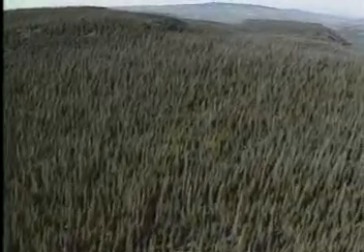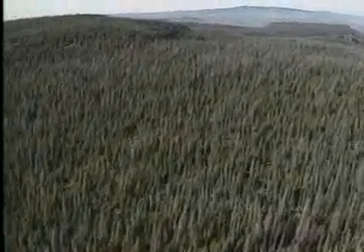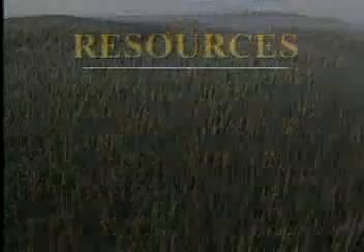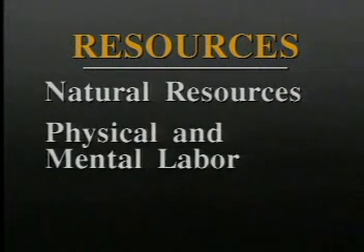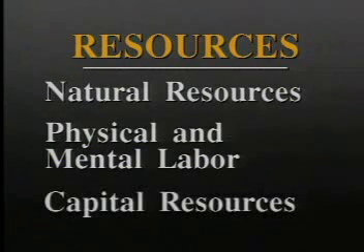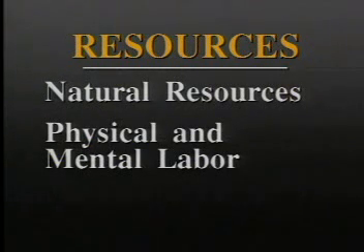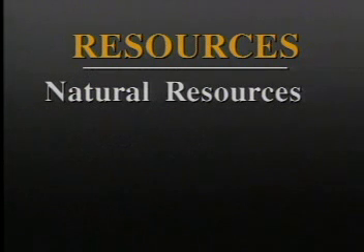So, there are three kinds of resources used in producing goods and services in general. They are natural resources, physical and mental labor, and capital resources. Let's look at these resources in more detail, beginning with natural resources.